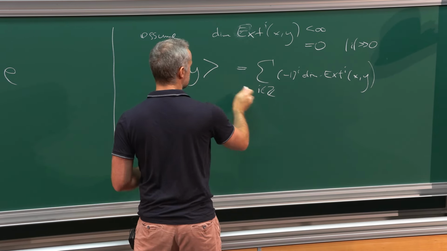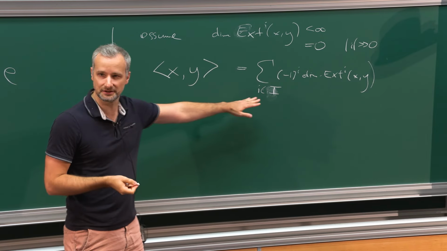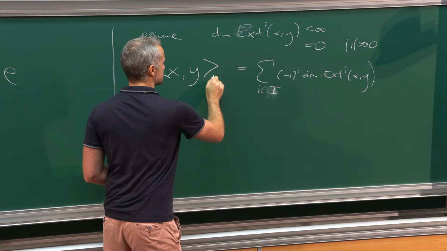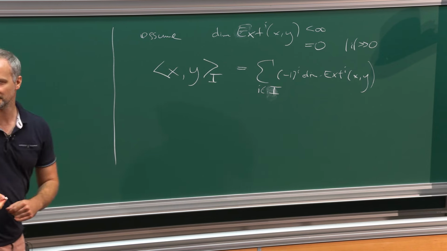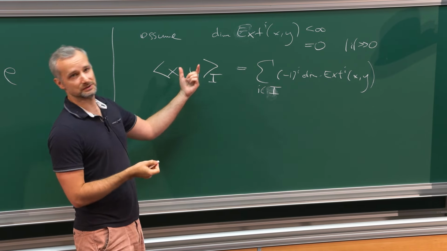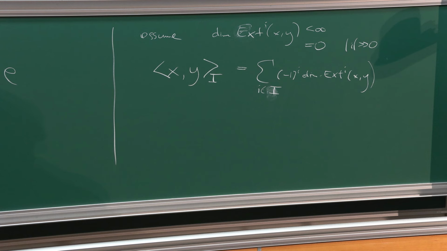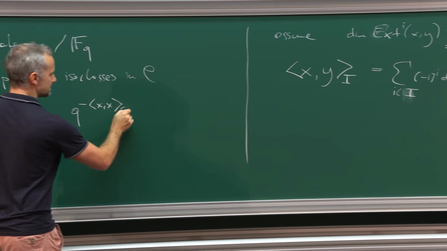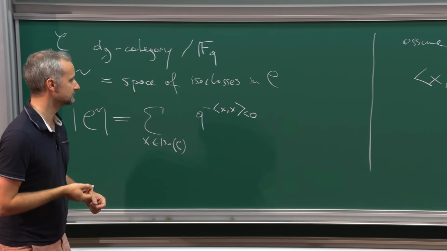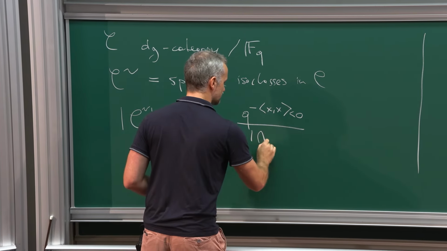But now, more generally, I want to just go over some subset of the integers and consider a kind of truncated Euler pairing. So this will then depend on the actual isomorphism classes and not just the classes in the Grothendieck group. Yes, and so then this becomes q to the minus pairing, where I take the sum of dimensions of the negative Ext groups and divide by the size of automorphisms of X.